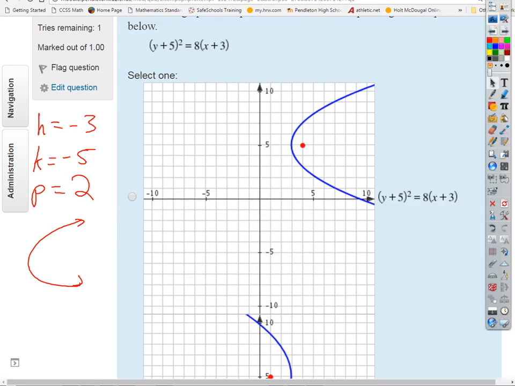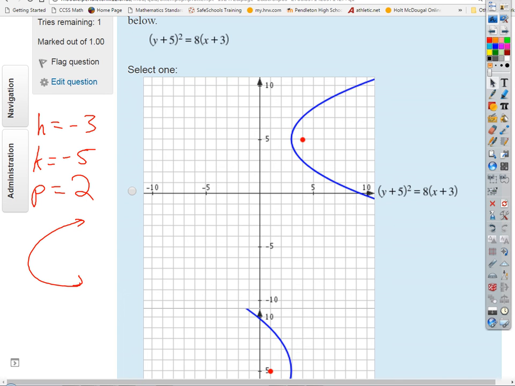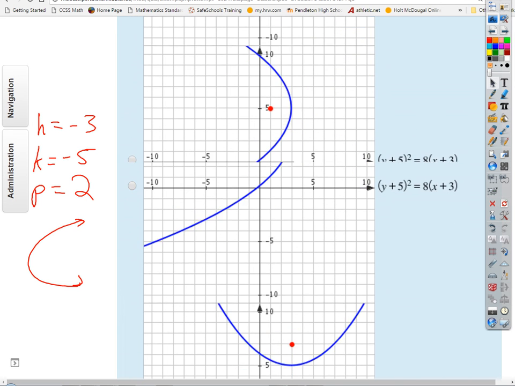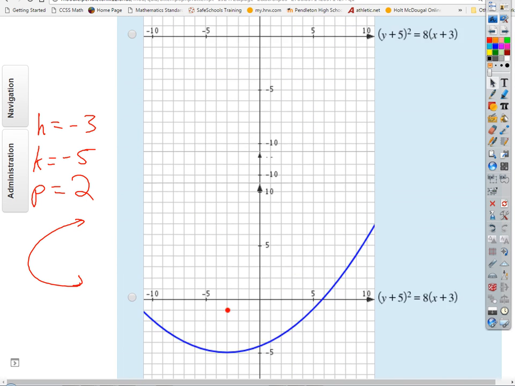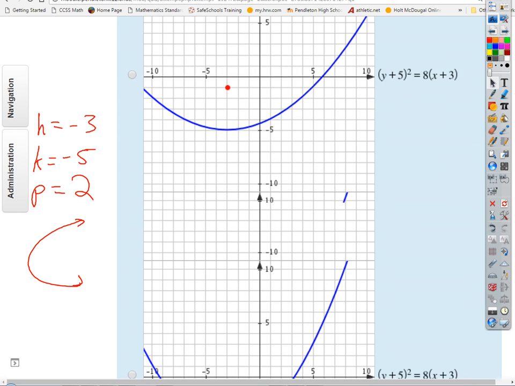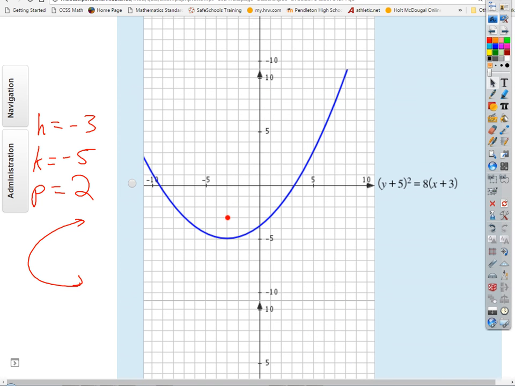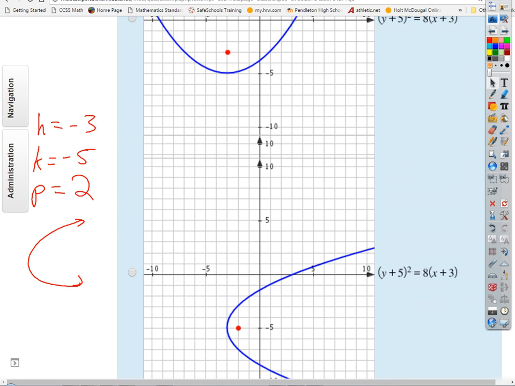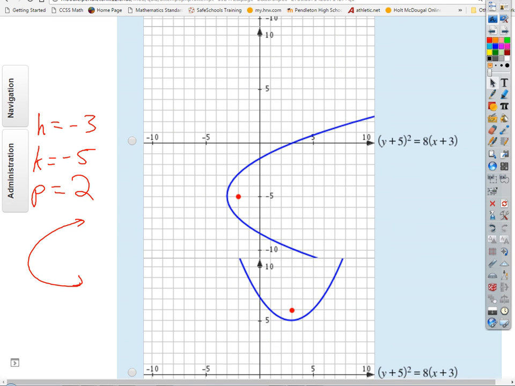So let's find it. Okay, so back 3, down 5. Well, there's back 3, down 5, but it's opening vertically, so that's no good. You can disqualify that one. Same thing, opening vertically, no good. Okay, well there's one. Let's look at this guy.